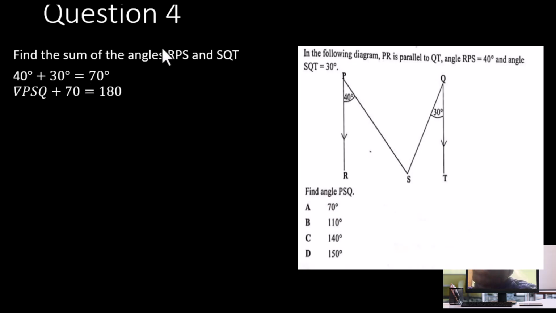This is where we're getting this 180. So angle PSQ plus 70 is equal to 180. This 70 will cross the equal sign, so it's going to be 180 minus 70, which is just going to be 110. So our final answer here is 110. This is B as our answer.